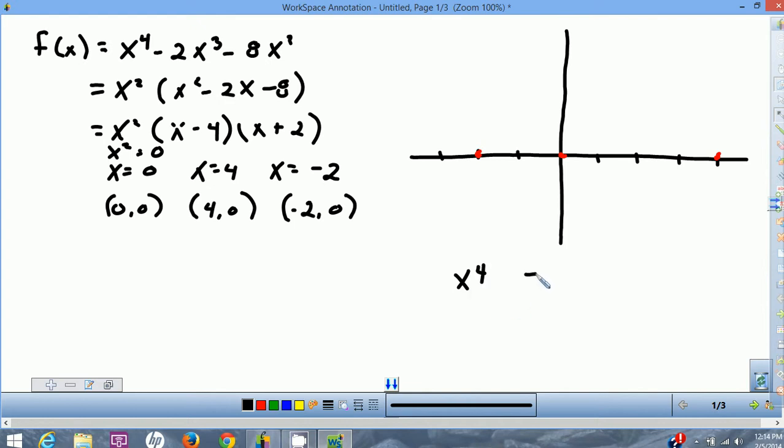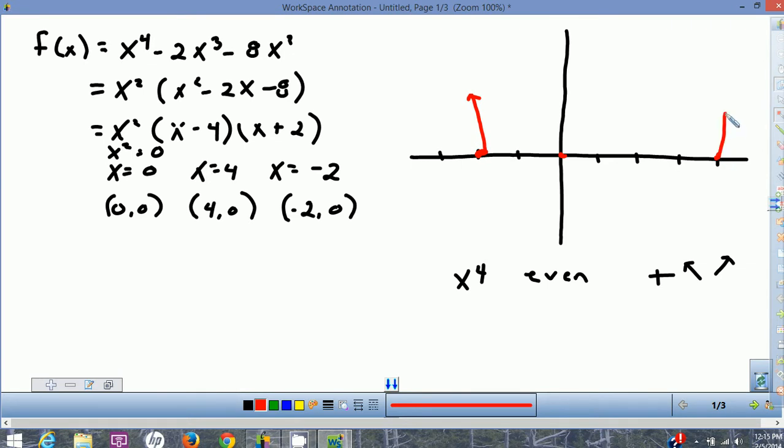That's even, and it is positive. So if it's even and it's positive, I know that this goes up on both ends. My end behavior here is up, up. It's going to go up in both directions. So if I mark just that part on my graph, I know that I'm going up on this end, and I know I'm going up on this end.